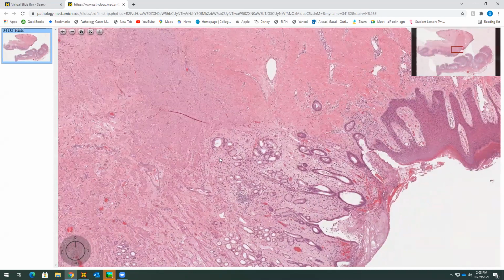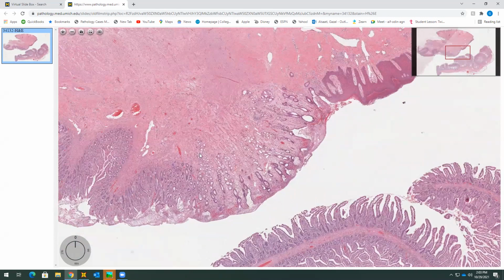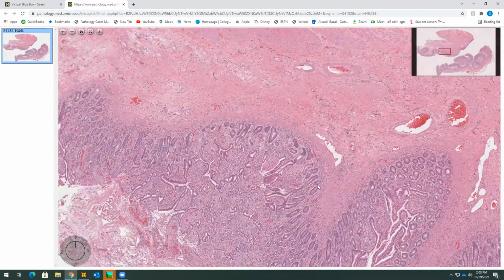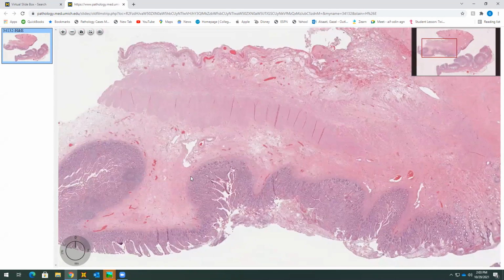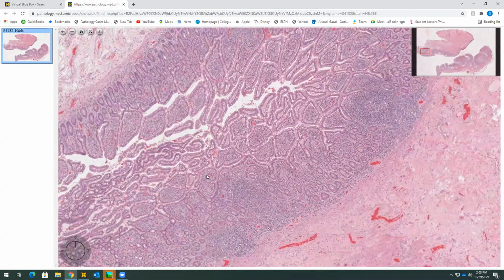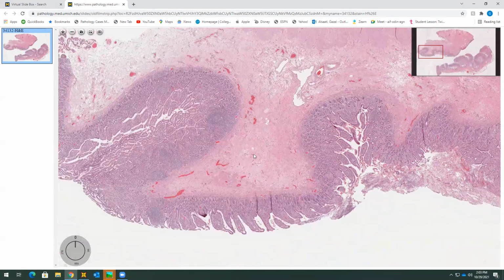This area here is where the fistula is. And then let's see Crohn's, features of Crohn's. It's too difficult. I don't think this is classic. Maybe this is just telling us this is a fistula area in a patient who has Crohn's.